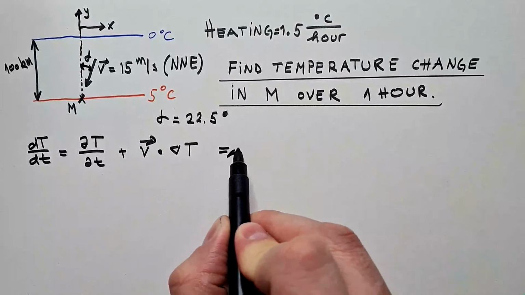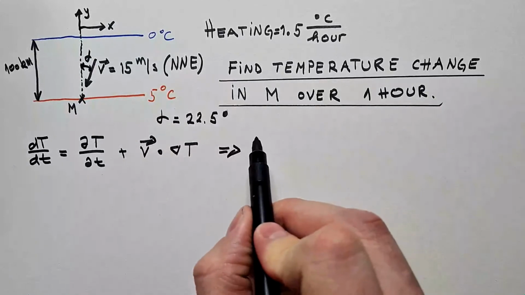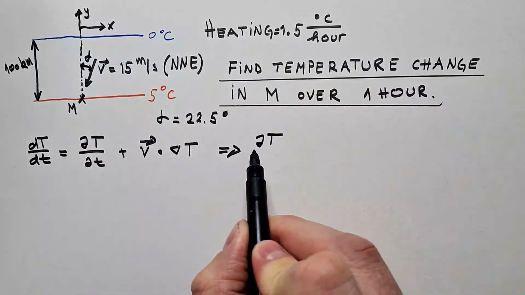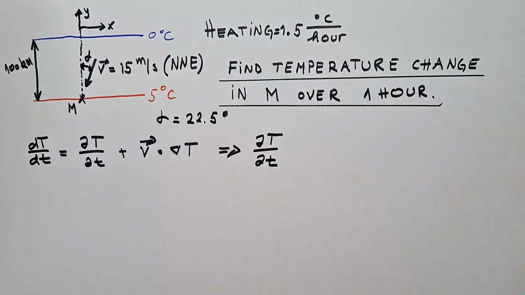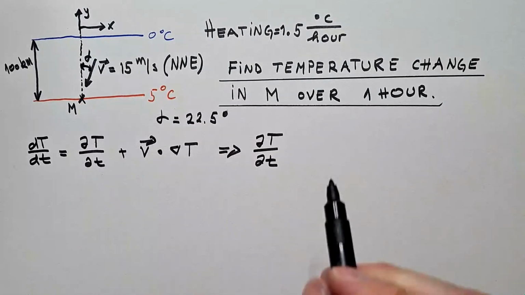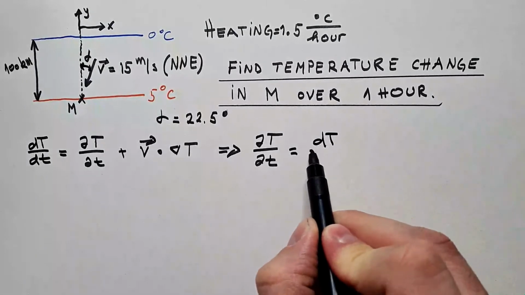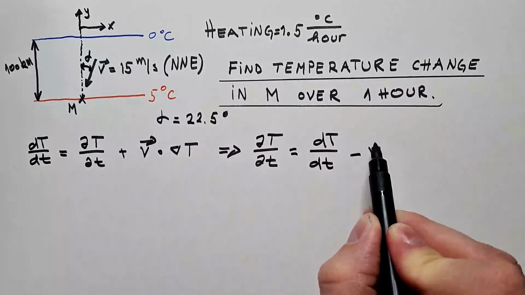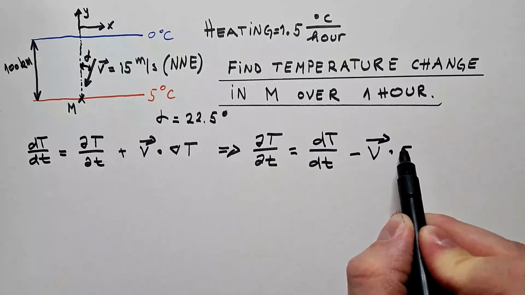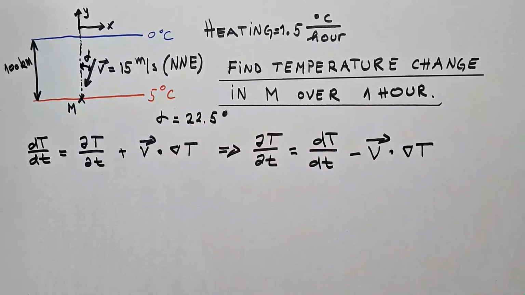Because we are interested in the rate of change of temperature in m, we see that ∂T/∂t, which is the local derivative or local change of temperature, is equal to dT/dt minus V dot nabla T. So just rearranging this equation.